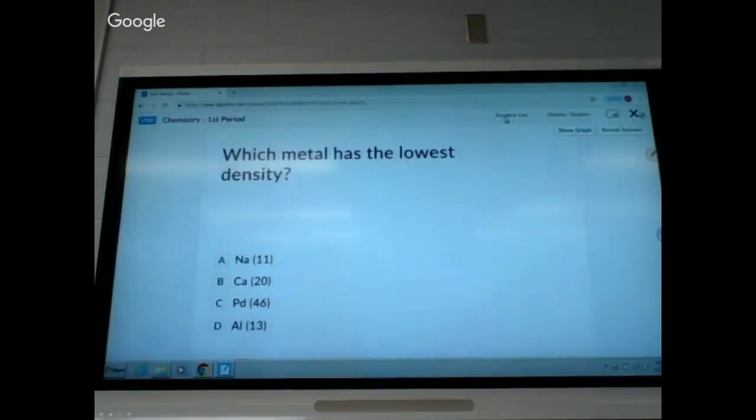Here, I'll even give you one that's got the atomic numbers written in. Okay, just missing Neil and Alex.